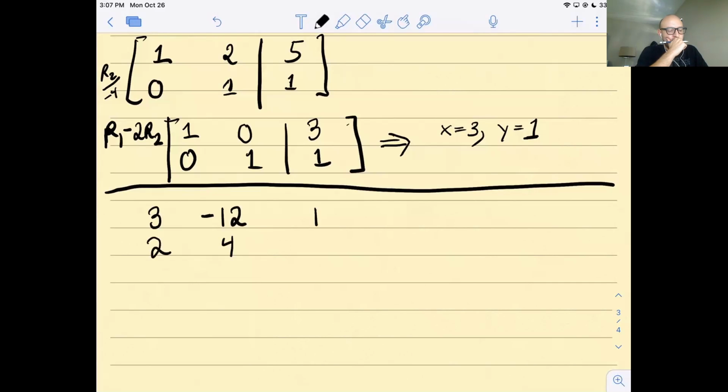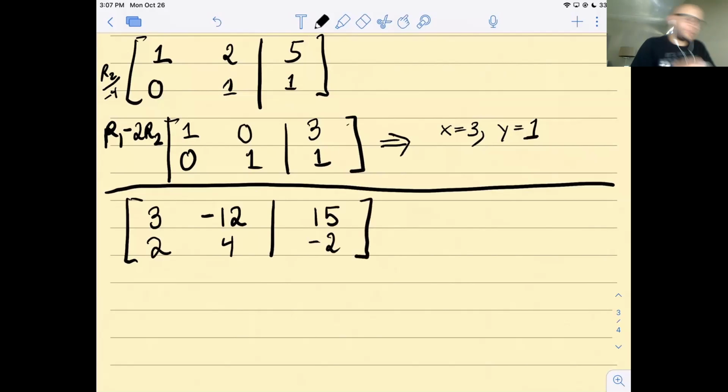Let me just think for a second. And then the augmented part will be 15 here and -2 here. Okay. All right, guys, please try this one, and then we'll call it a day.